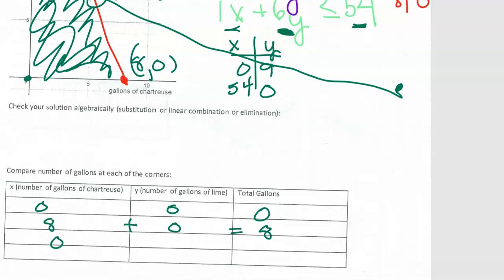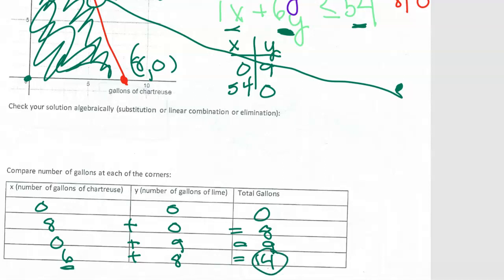And I could do 0, 9, and then I would just have 9 gallons. But this other one, 6 and 8, that means I could make 14 gallons of paint and use the maximum number of each of the dyes to make those paints. So I would have 14 gallons would be the most amount.